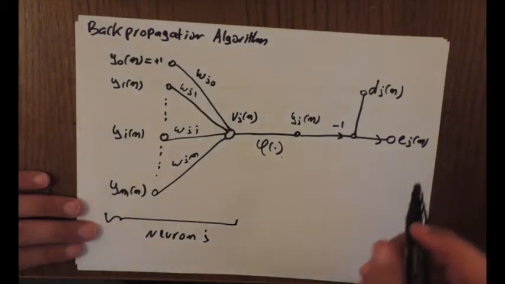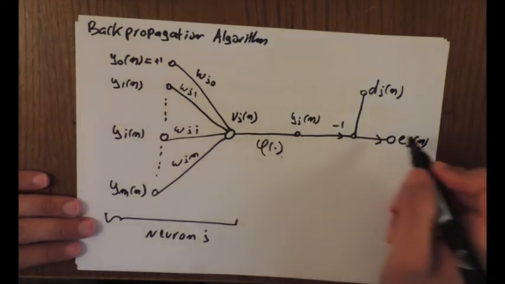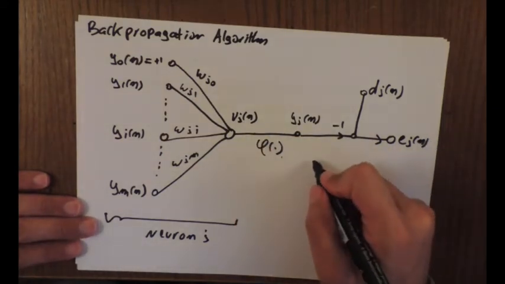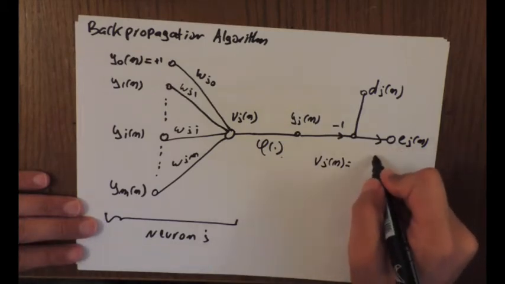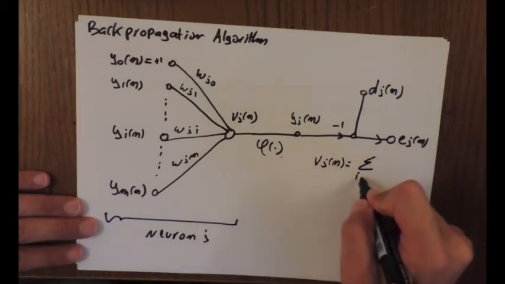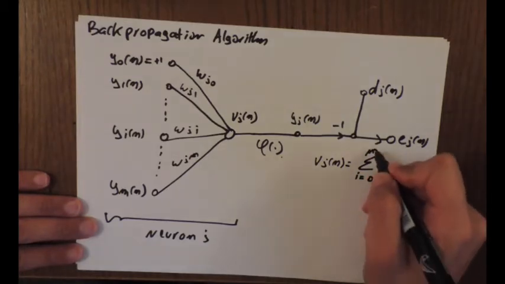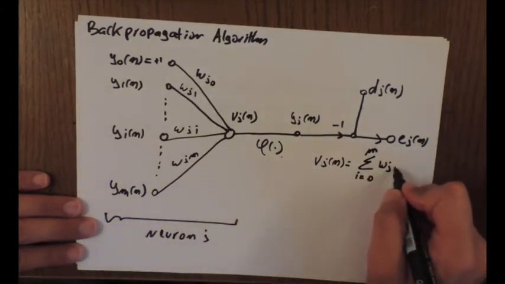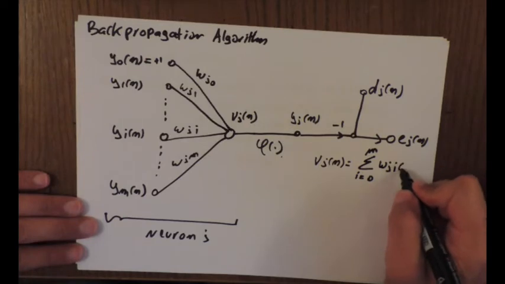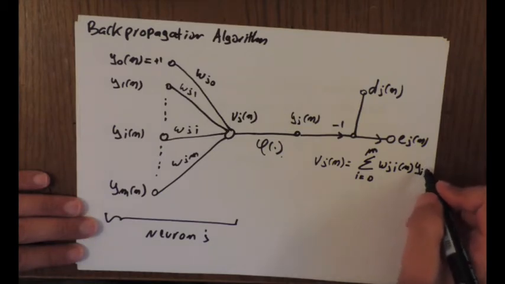Now, if you want to discuss what v j of n is, let's start from here and start computing. So v j of n, as with the previous models, is the summation from i equal 0 to m. So we start from the bias and we go all the way to m, of w j i of iteration n times y i of n.